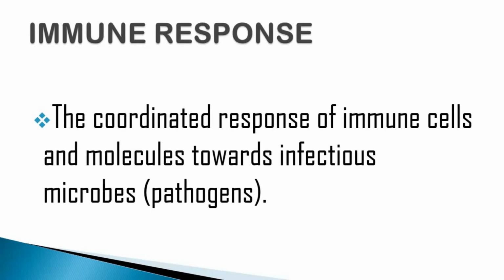An immune response is a coordinated response of immune cells and molecules towards infectious microbes. Whenever foreign pathogens invade an organism, the response that the immune system coordinates to respond to this infection is what we call an immune response.